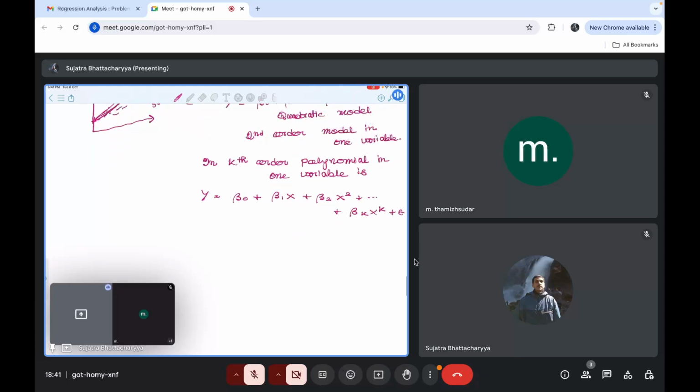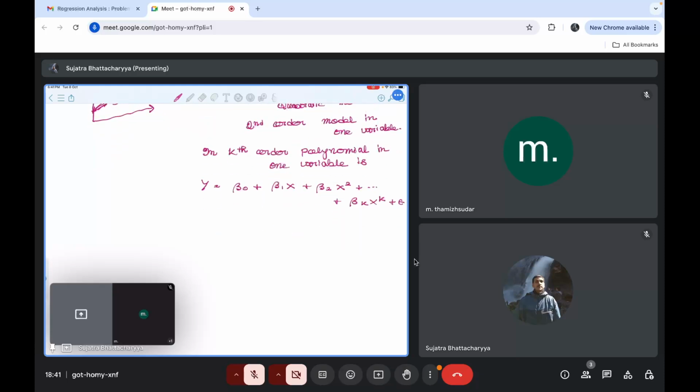All right. So this is the kth order polynomial if you have to fit using one variable. Remember, this is for one regressor variable. Now, if we write x_j as x to the power j, how will this equation look?